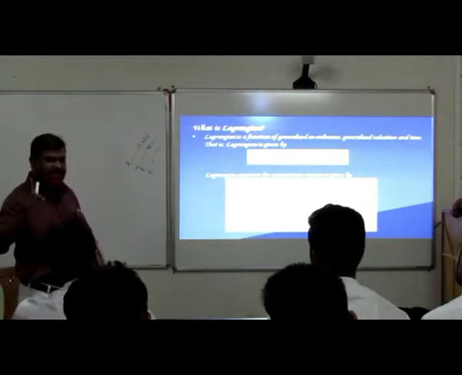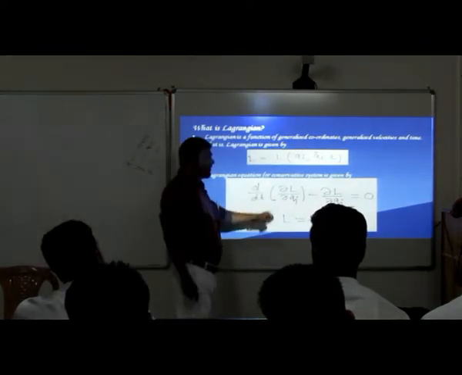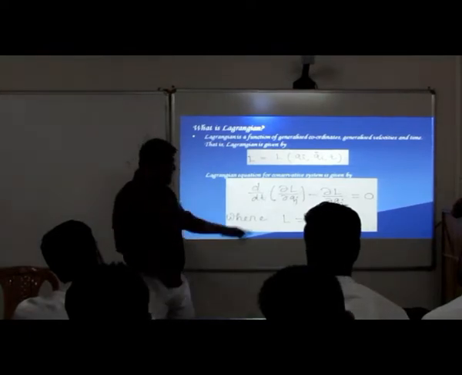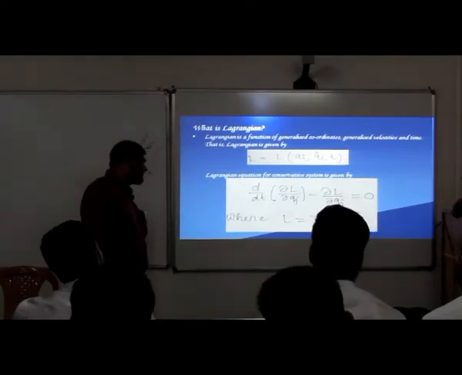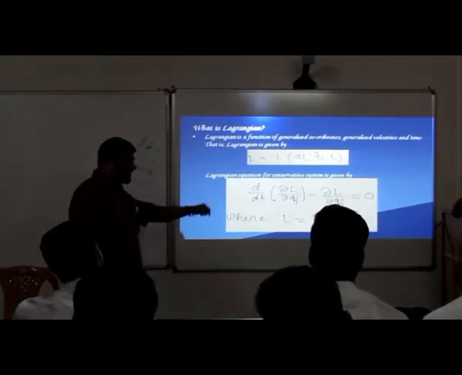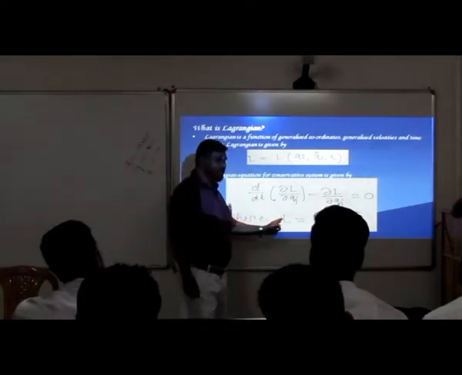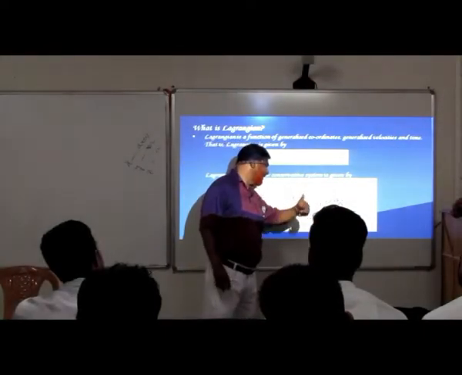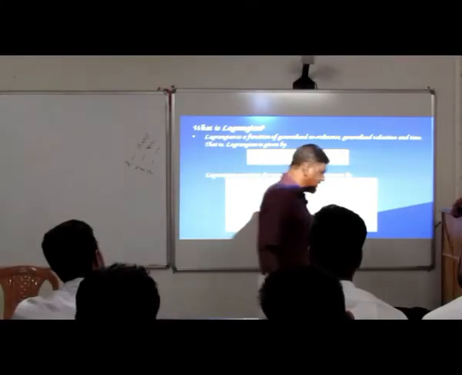For a conservative system, it can be shown that the Lagrangian equation of motion is d/dt of the bracket dL divided by d q dot j, minus dL divided by del qj, where L is equal to T minus V. And this is a new function defined by the difference of kinetic energy and potential energy of the system. Okay.